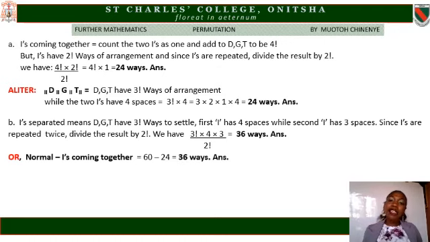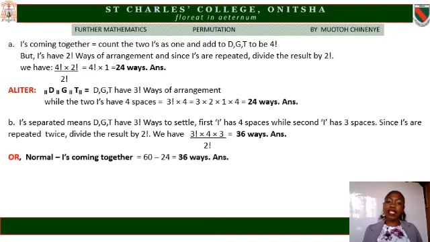Now, since the i's are also repeated, what you simply do is to divide your result by 2 factorial. And when you do that, you are going to have 4 factorial times 2 factorial all over 2 factorial. And when you simplify, you have 24 ways as your answer.